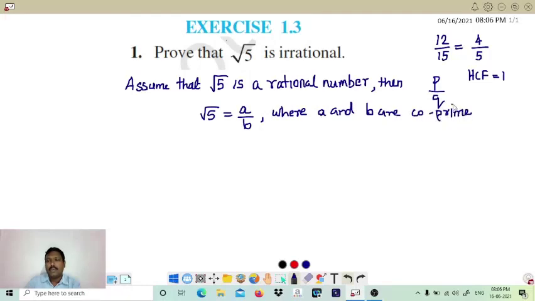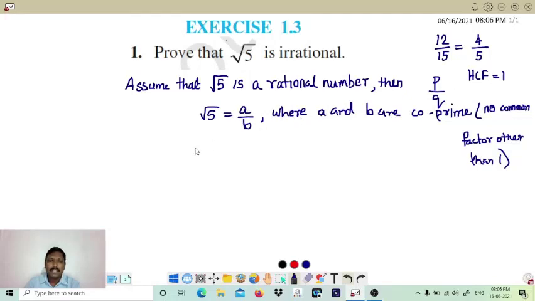Once I told you the meaning of coprime: no common factors other than 1. So here root 5 is equal to a by b, where a and b are coprime.